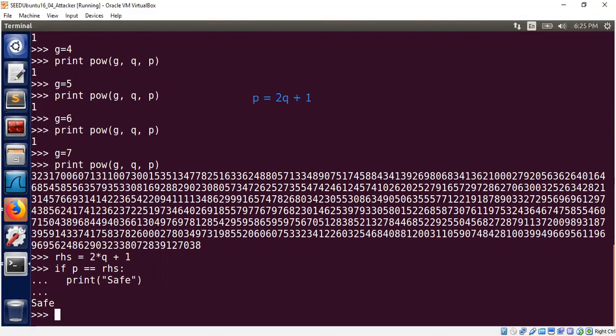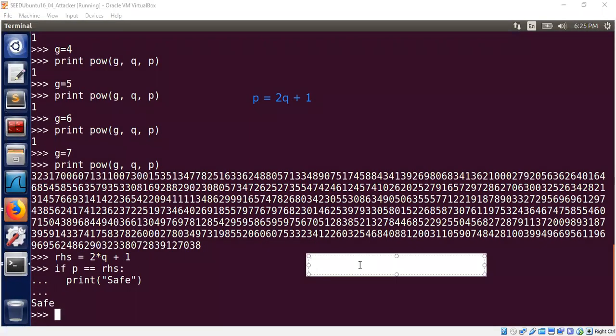So now the question is, what kind of group does G equal to 7 generate? We know for sure G equal to 7 doesn't generate a subgroup of order Q. What are the possible subgroups? We are working with a safe prime. The orders of the subgroups can be 1, 2, Q, or 2Q because of Lagrange's theorem I talked about earlier.